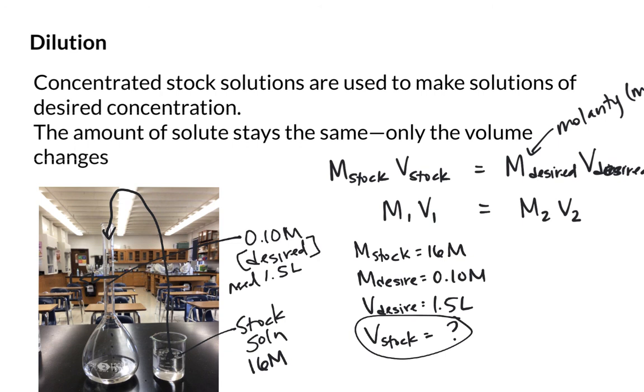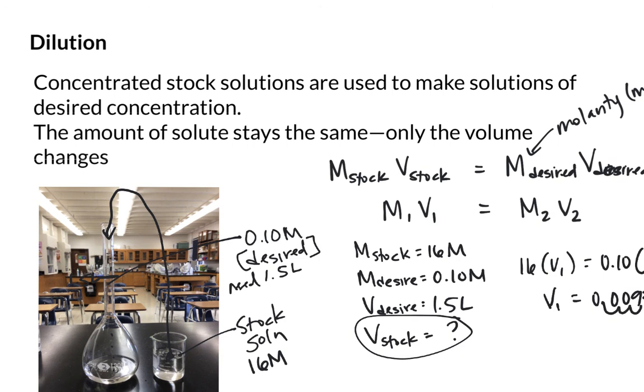So we put this into our formula, 16 times V1 is equal to 0.10 times 1.5, and you're going to get your volume to be 0.009375 liters. Now that's not really a volume that makes sense to me, so I'm going to change this into milliliters.